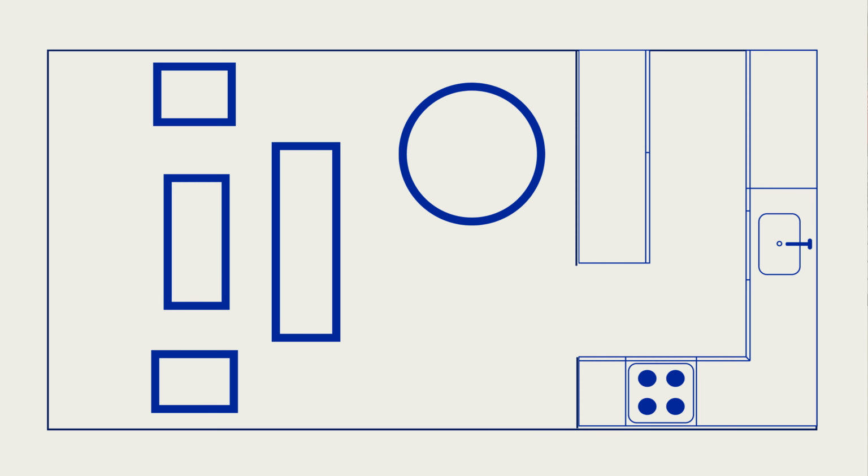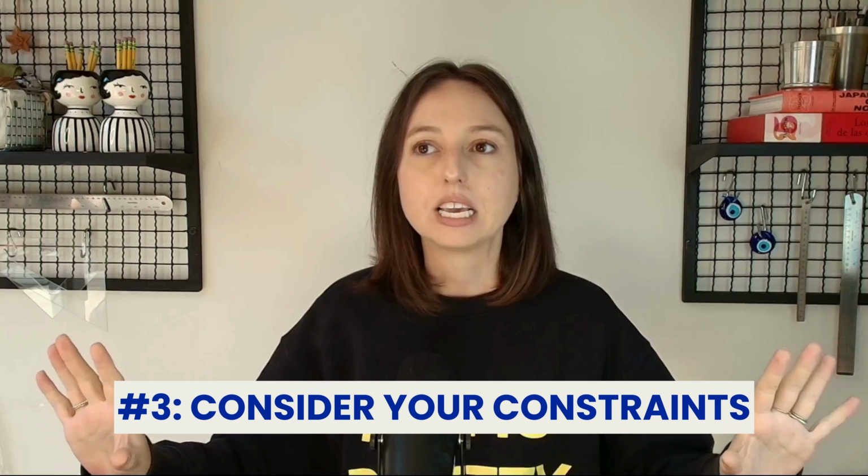Okay, for tip number 3, what you want to consider is all the constraints in your space. So consider your constraints, because I know it's counterintuitive to think that maybe designers wouldn't like constraints because we would want to go wild and have a blank slate, but the truth is we love constraints. There is nothing I love more in a project than limitations, and I'll explain why.